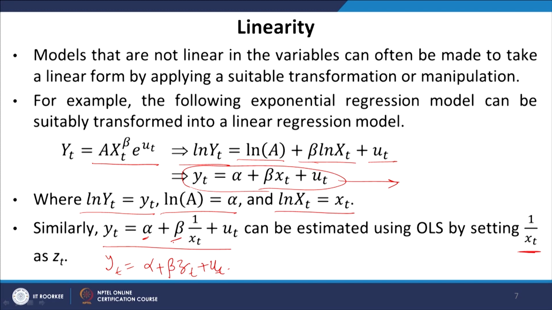So, my parameter estimates are untouched, and that is why this is an estimable model. There is no harm in these kinds of conversions when we can convert it into linear formats or just change the name of the variable from 1 upon x_t to z_t. Our parameter estimates remain the same and these models are estimable using OLS.